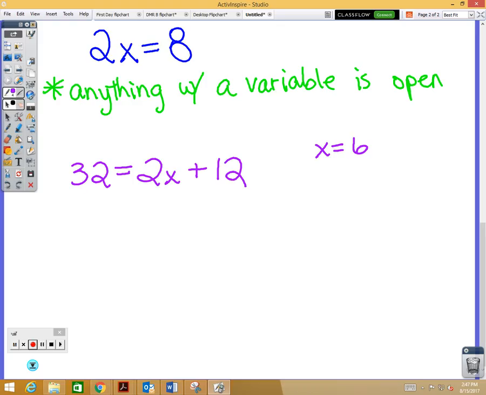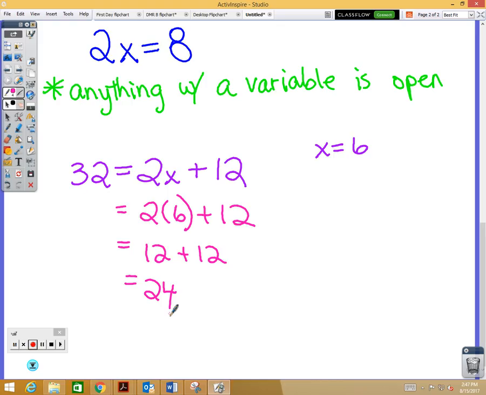I want to know if we put in a 6 for the x, would this be true or would this be false? So a lot of you are just doing it in your head, right? I know how you are. This would be 2 times 6 plus 12, which would be 12 plus 12, which is 24. And 32 is not equal to 24, so now this is a false equation. 6 is not a solution of this equation.